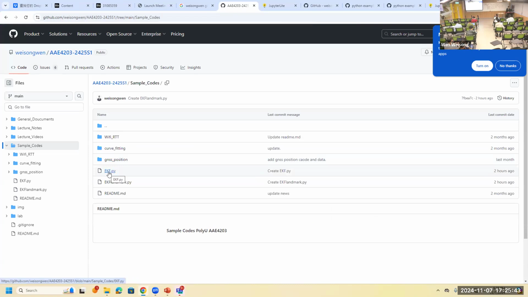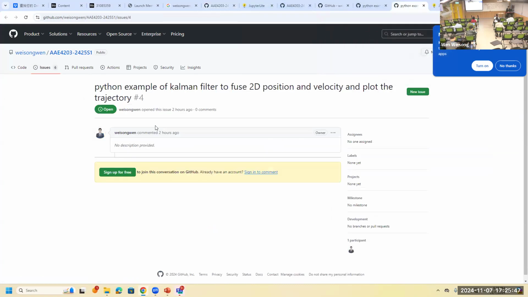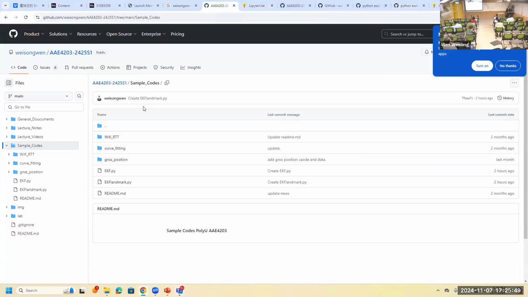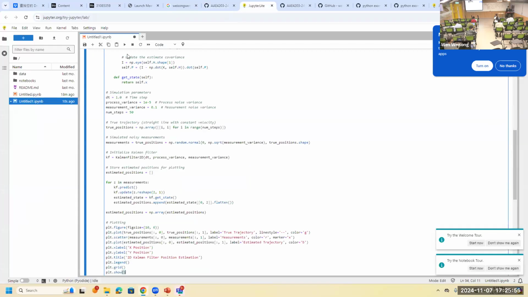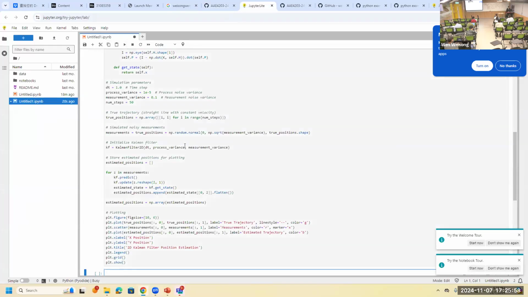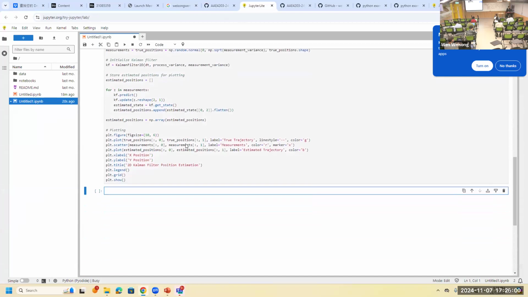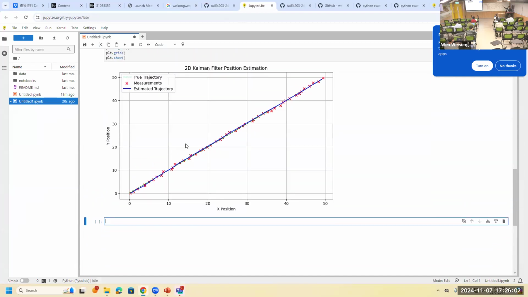There is an EKF over here. Copy the code to the editor and run it. Wait a second. You are going to see the results. Try to replicate the results, and later I will introduce the code line by line.